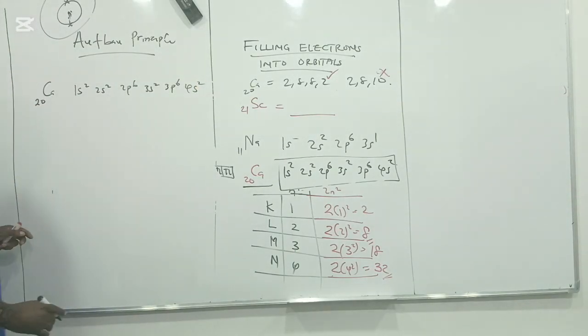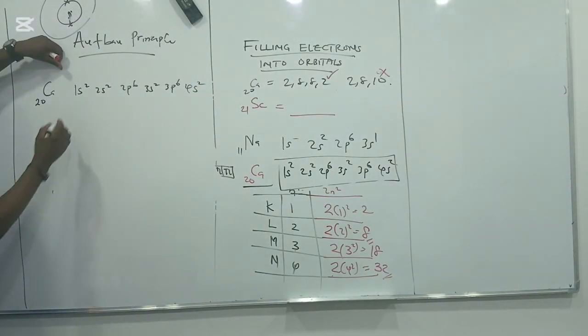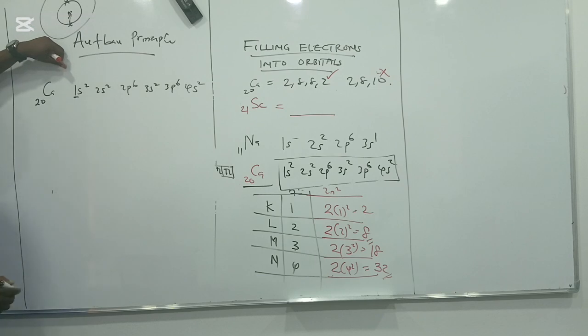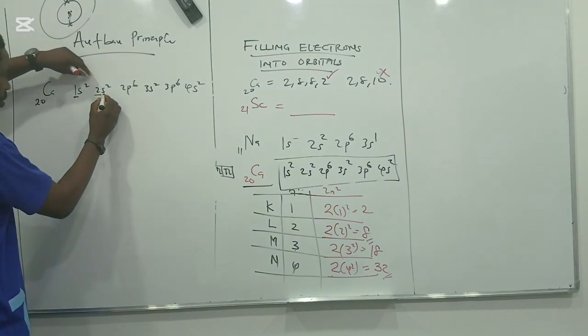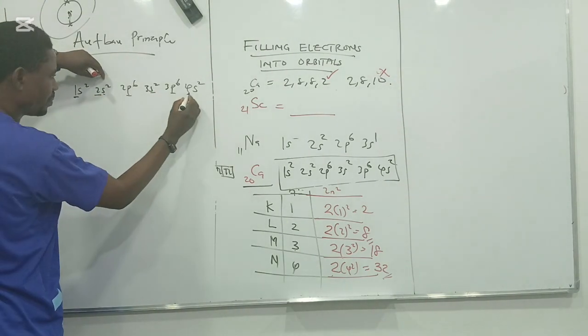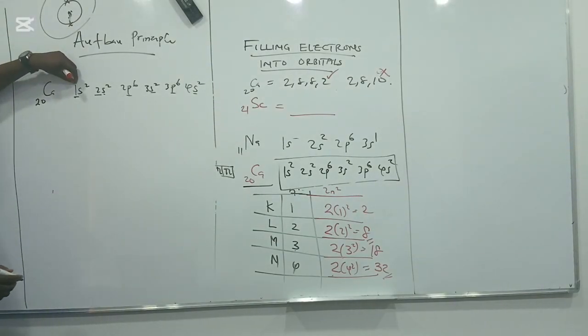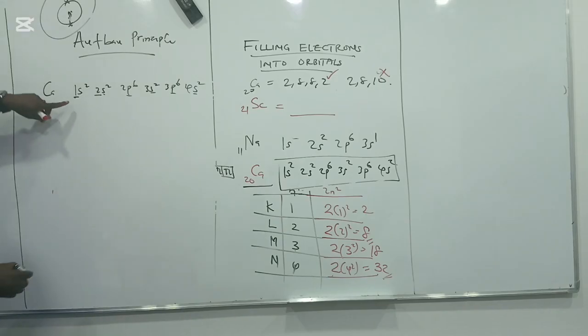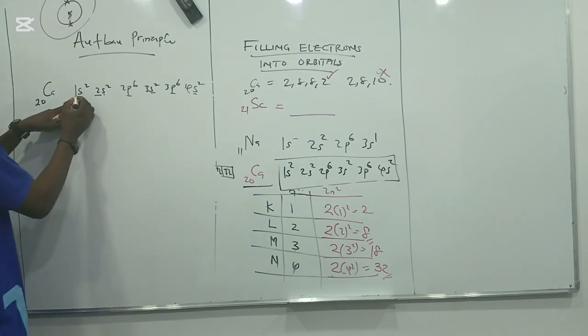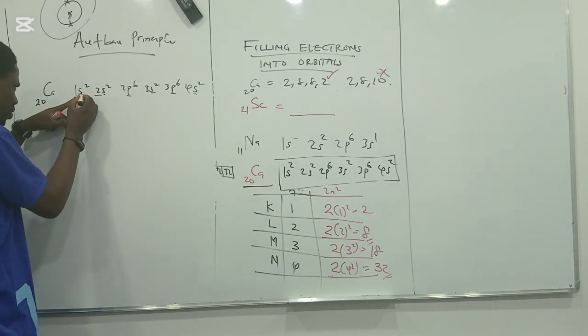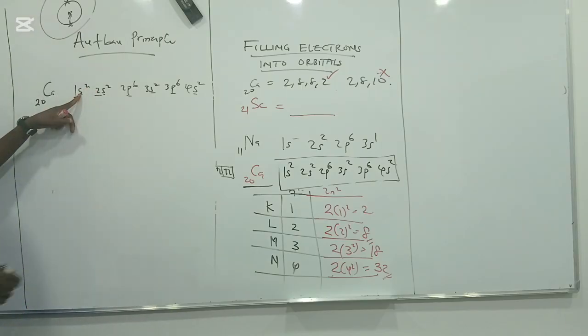What it means is this number you are seeing here, which is the coefficient of this subshell, represents the energy level in an atom. That shows that this is the fourth shell. In the fourth shell, we have the s orbital, and there are 2 electrons in it.